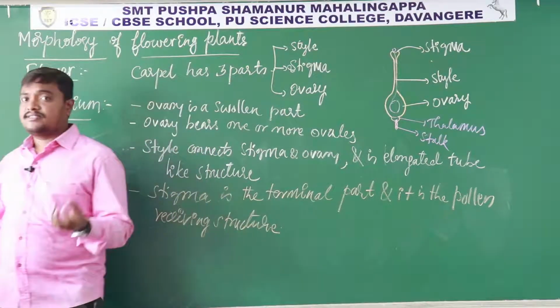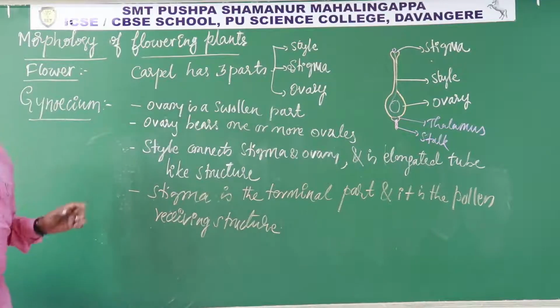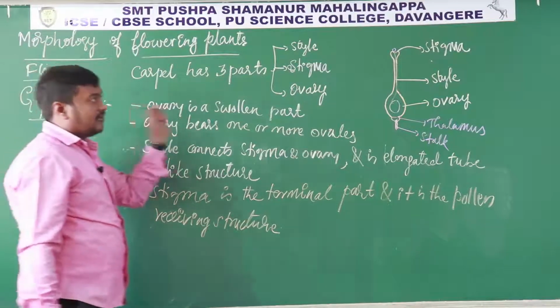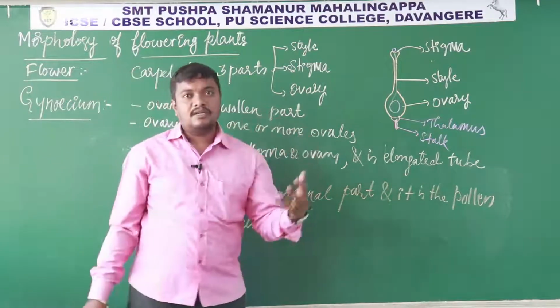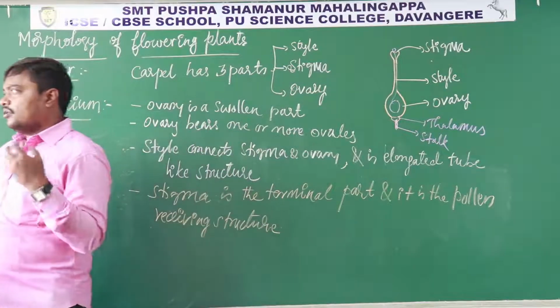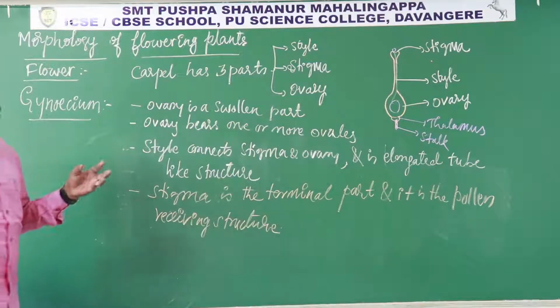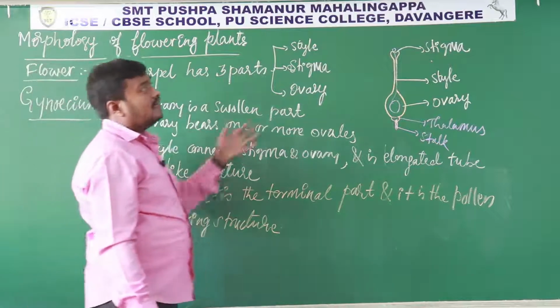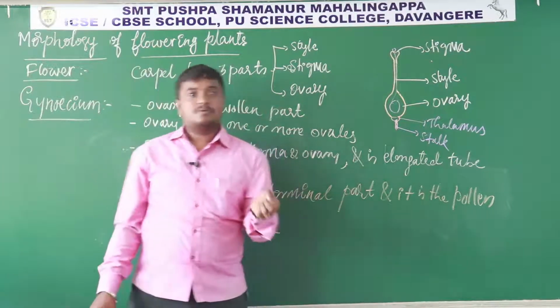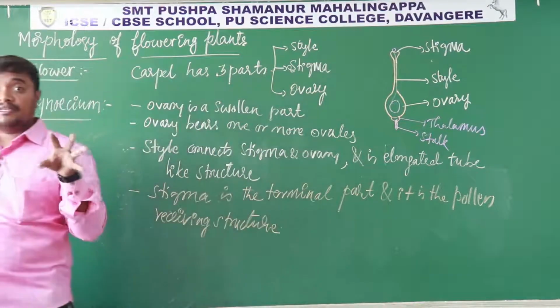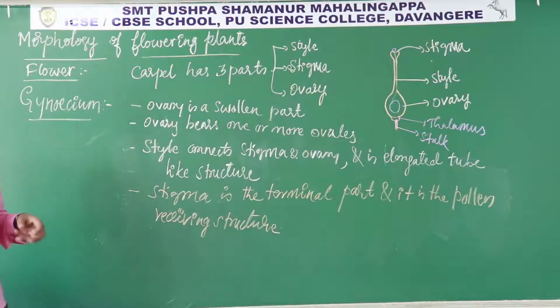We studied gametophytes in the plant kingdom chapter. In lower plants, the gametophyte is dominant and multicellular, whereas in higher plants like angiosperms, the male and female gametophytes are reduced in number.